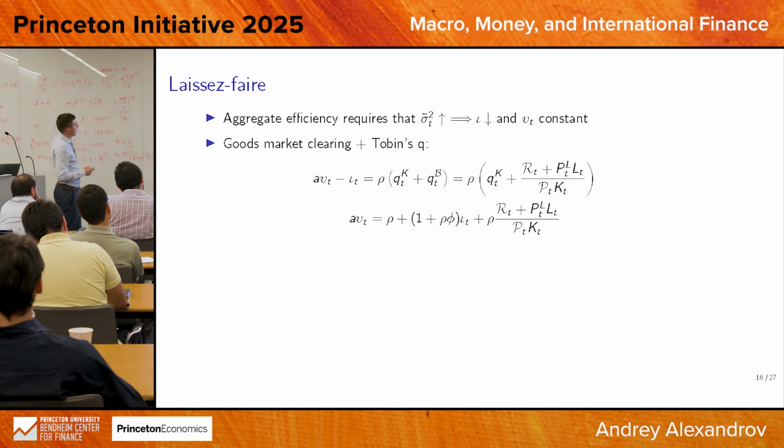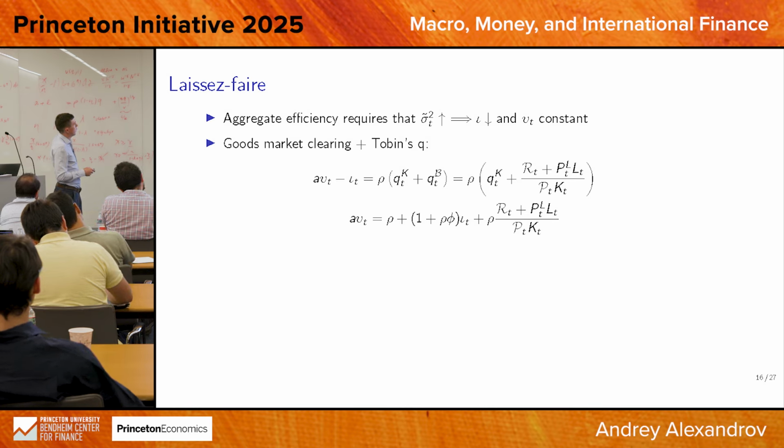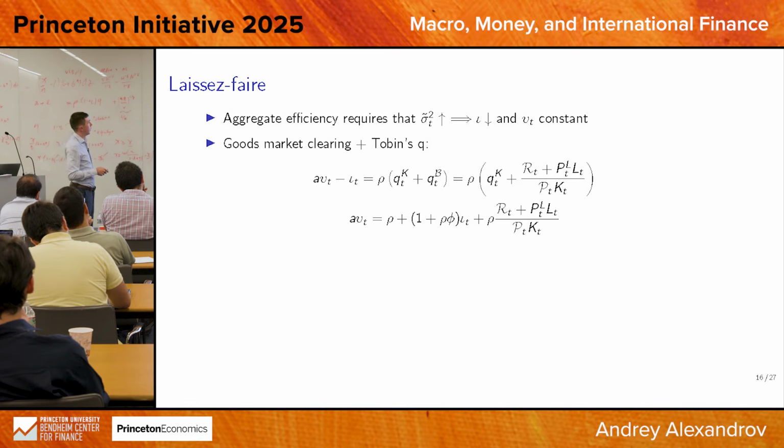Let's go to our goods market clearing condition. So this is your output minus investment is consumption, is rho times your net worth. And net worth has QK and QB being now the real value of nominal wealth scaled by capital, but nominal wealth consists of reserves and long-term bonds. So that's just the goods market clearing condition.